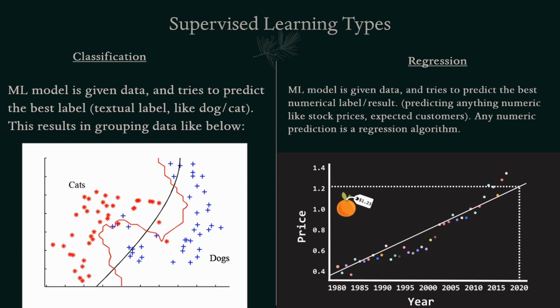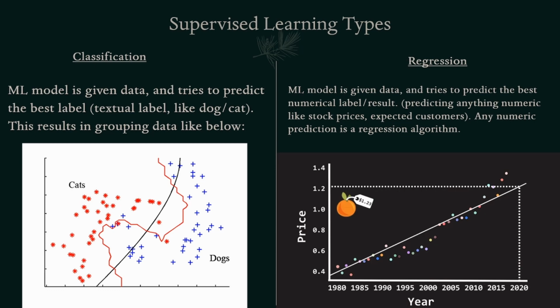It tries to predict like a category or like some kind of English or text response. Regression is when you are training the model with the data, and then it tries to predict a numerical result based on its training. That's it.